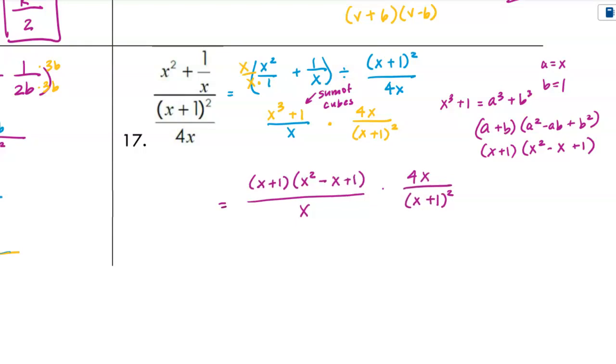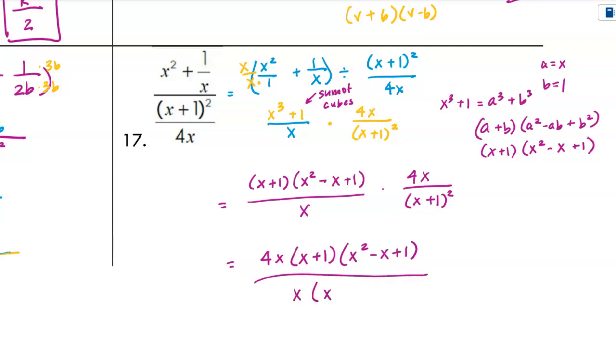Now when you combine it into one long fraction, you have 4x, x plus 1, x squared minus x plus 1, over x times x plus 1 squared. Let's go ahead and simplify. Take that x out, make it 1, and this simplifies as x plus 1.